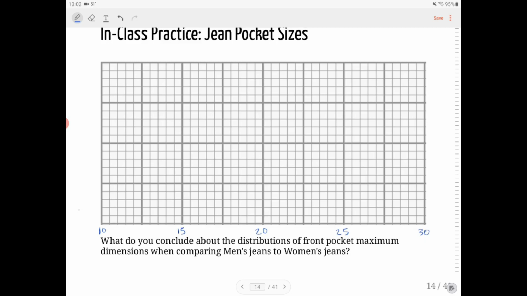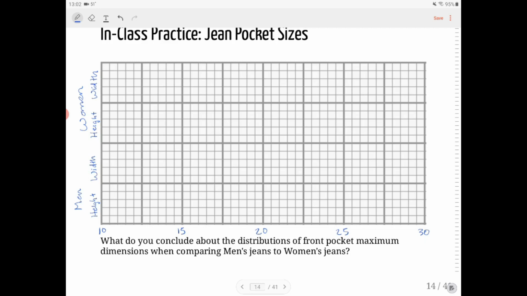On the y-axis, we need to do men and women, and then height and width. Okay. All right. So our axes are all set up.